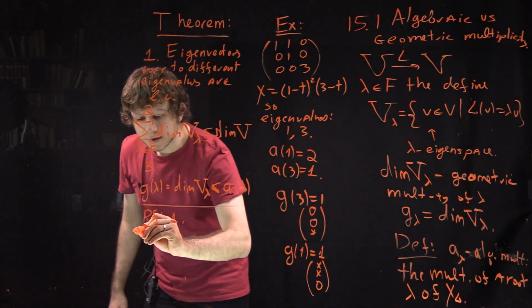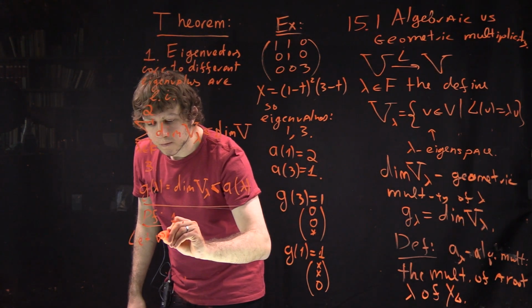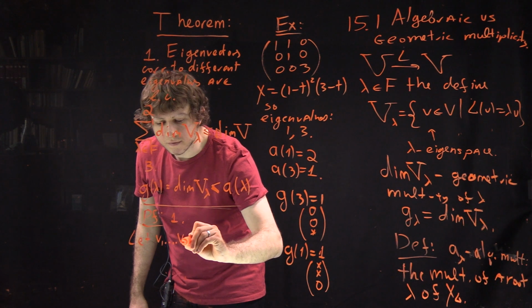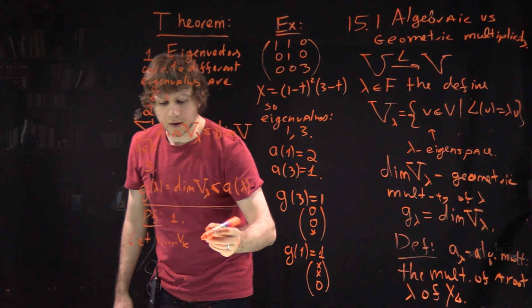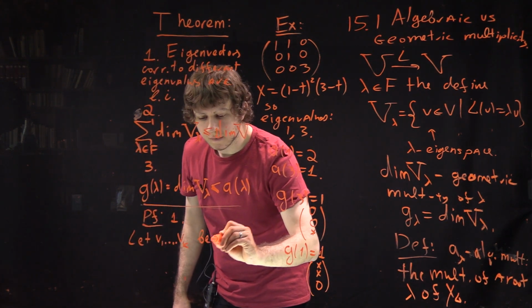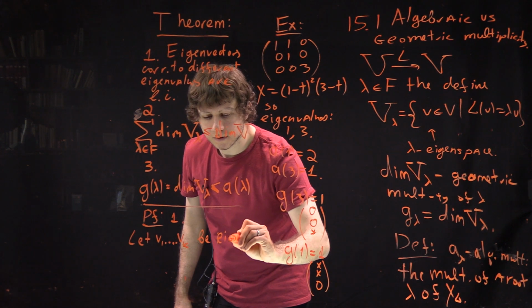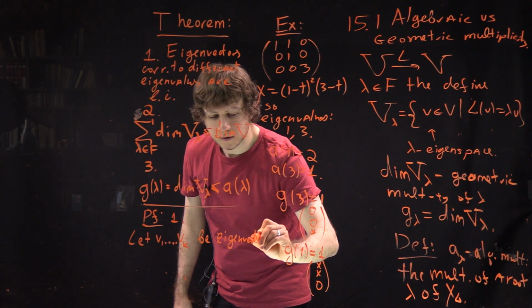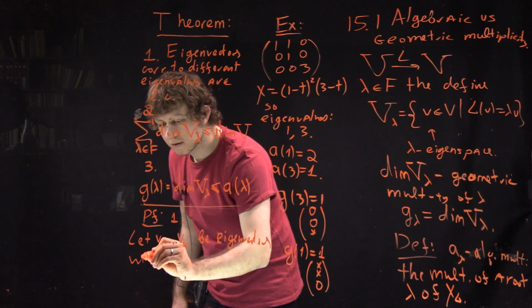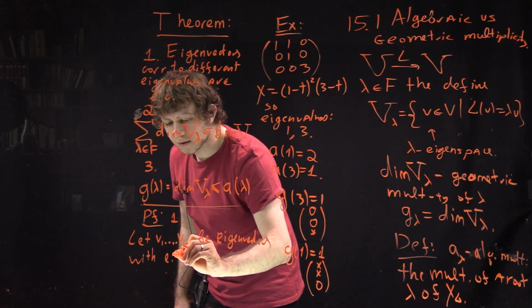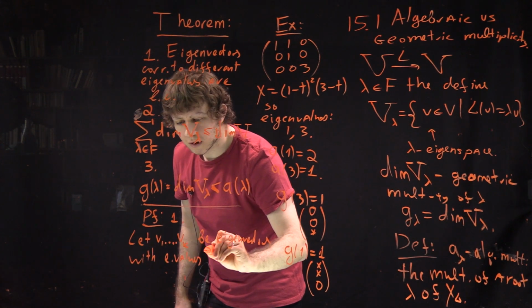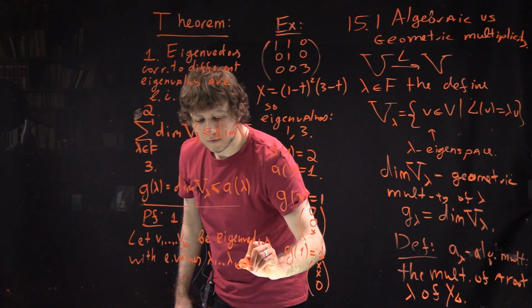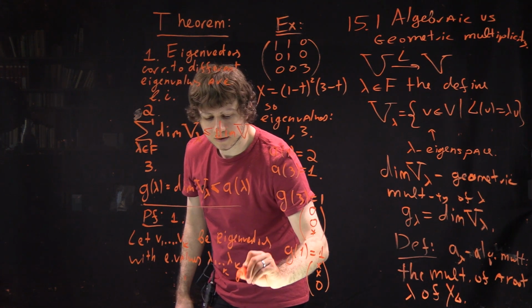So assume that v1, ..., vk are eigenvectors with eigenvalues lambda 1, ..., lambda k, where these are distinct.